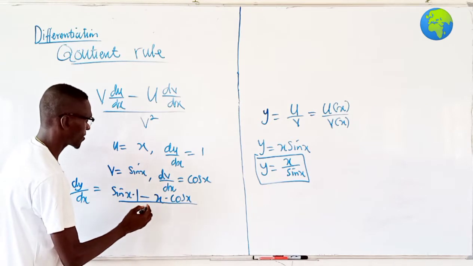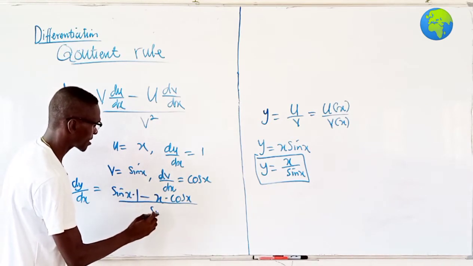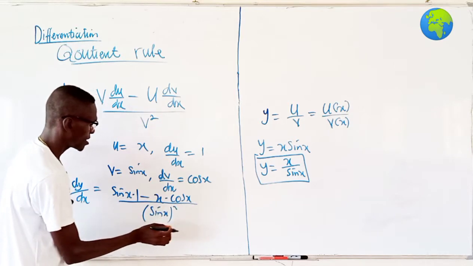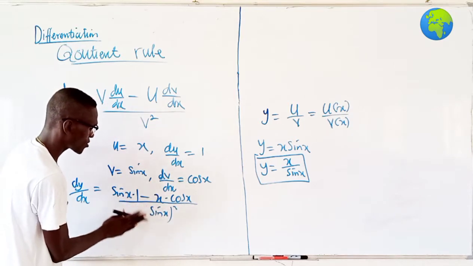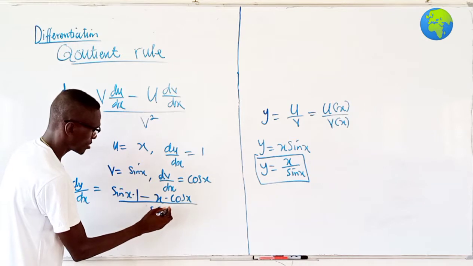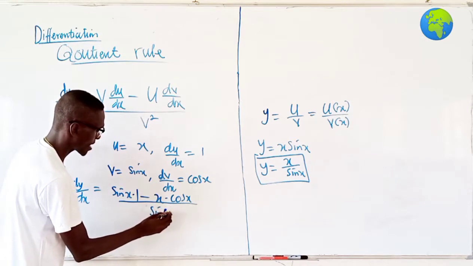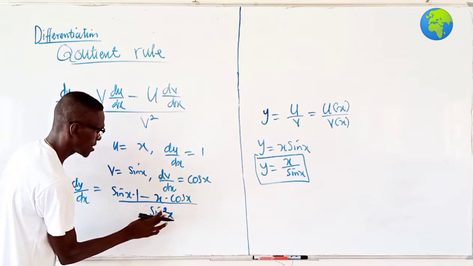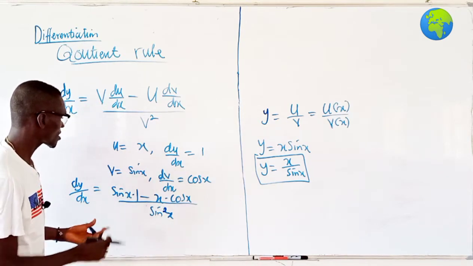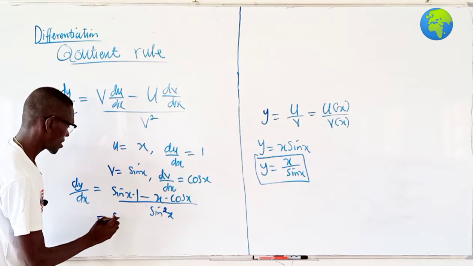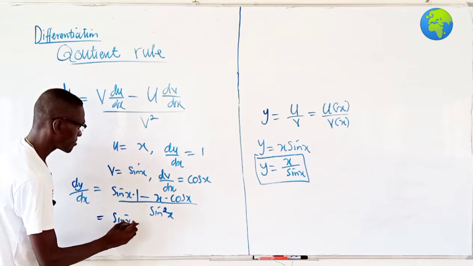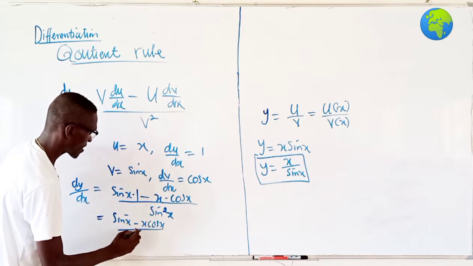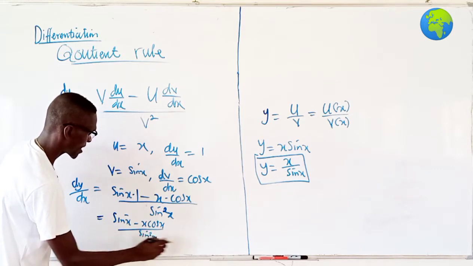Sine x all squared, which we can write as sine squared x. So we can write this to be sine x minus x cos x over sine squared x.